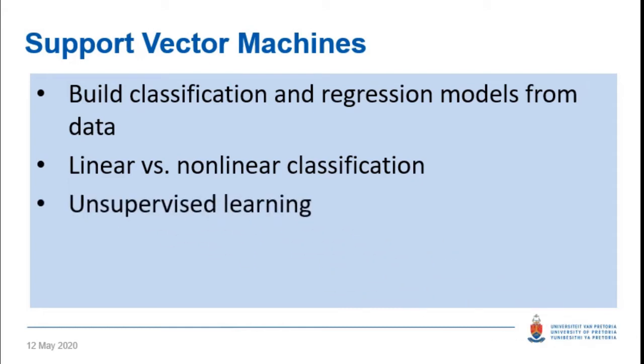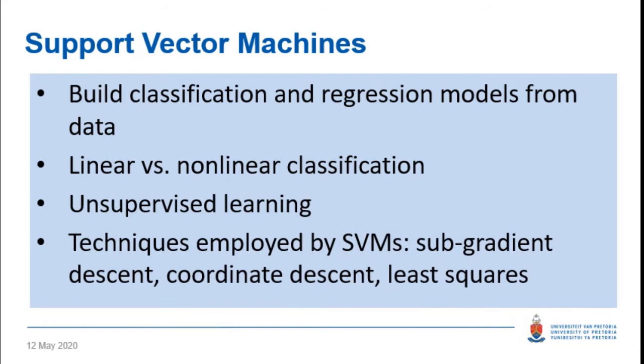Support vector machines can also do unsupervised learning, and in order to achieve that, they do support vector clustering. Some of the techniques employed by SVMs include subgradient descent, coordinate descent, least squares, etc. We're not going to go into too much detail, but the main aim is that you get an idea of what it's about and that it exists, and that you can use it in later years or when you go into industry.